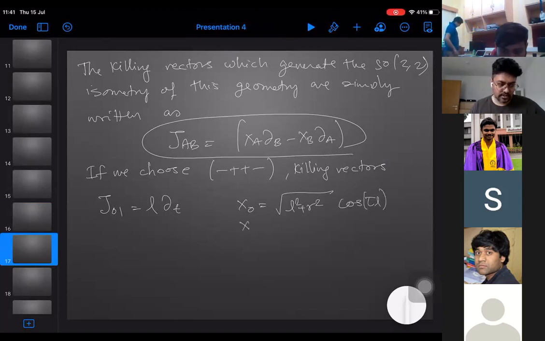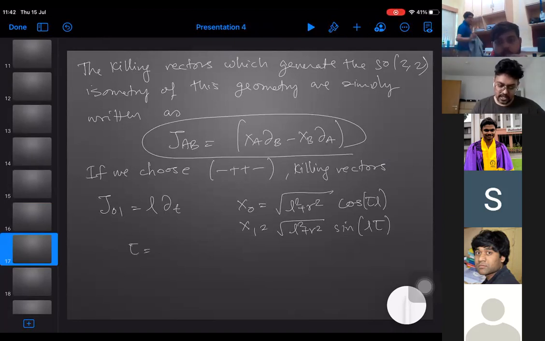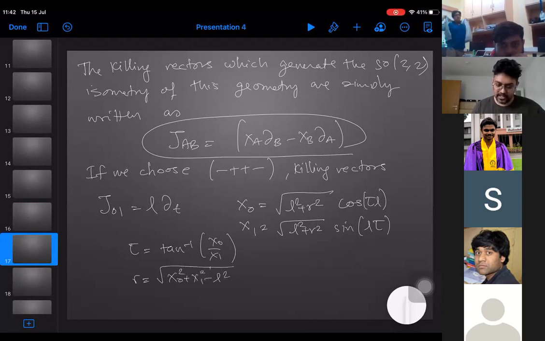The next one is L tau, which is the same, and your tau over here is tan inverse of this one, and your R is root over X0. So if you take this and plug it over here, trying to find.